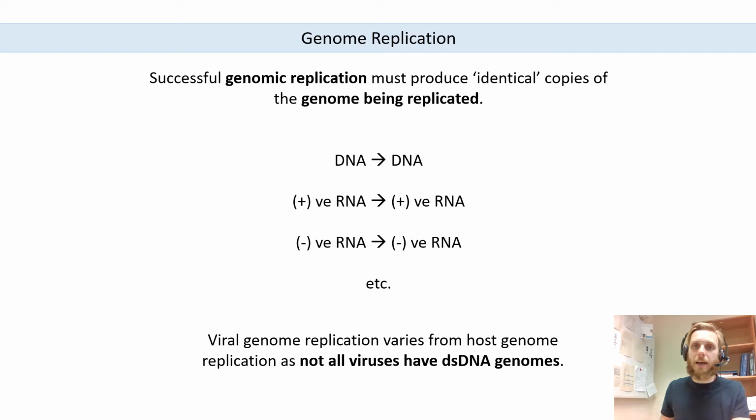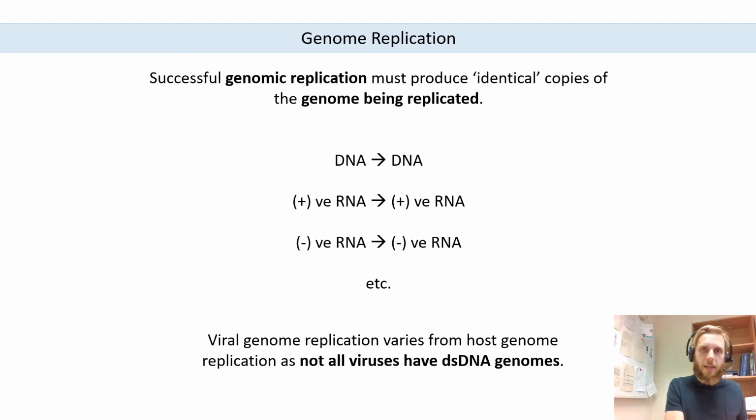So you can't get an RNA copy of a DNA genome. That's not the type of copy we're talking about here. You can't get a DNA copy of an RNA genome. That's not the type of copy we're talking about here. We're talking about a like-for-like copy. It has to be identical except for mutations, obviously, but it has to be in the same format.